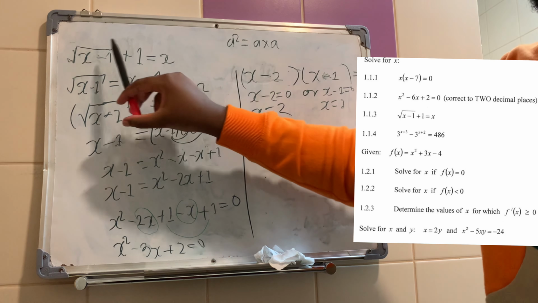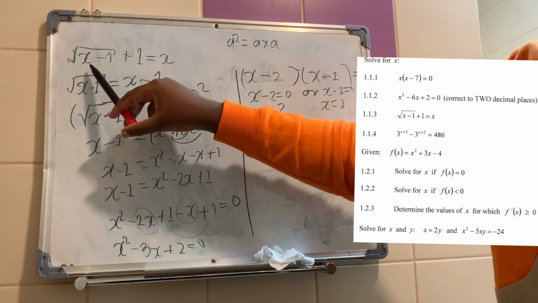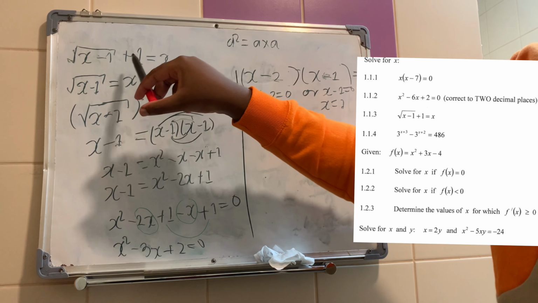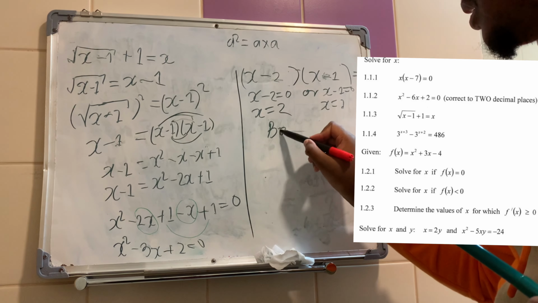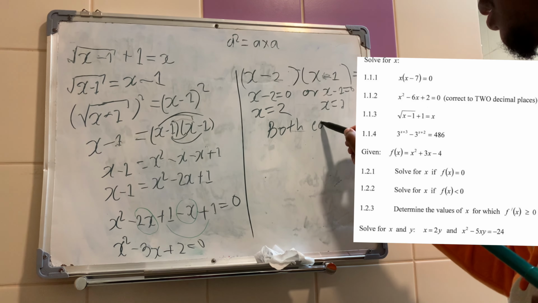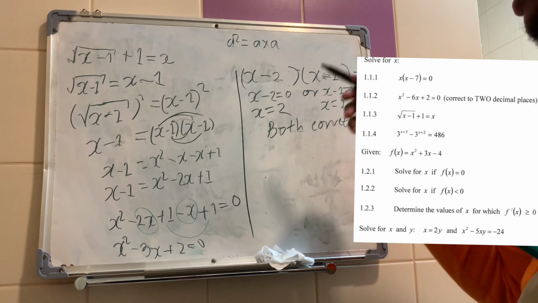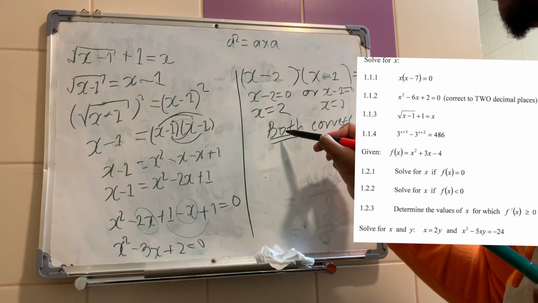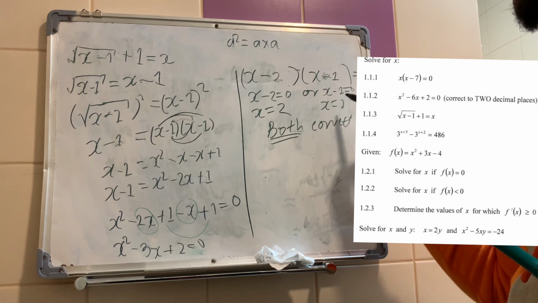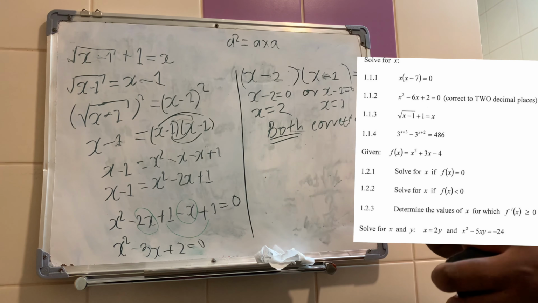So 2 equals 2. If x is 1, then 1 minus 1 is 0, the square root of 0 is 0, plus 1 is 1, and x is 1. So both answers are correct. In questions like this, if both answers are correct, you must not give only one answer, because they're going to give you a mark for this.